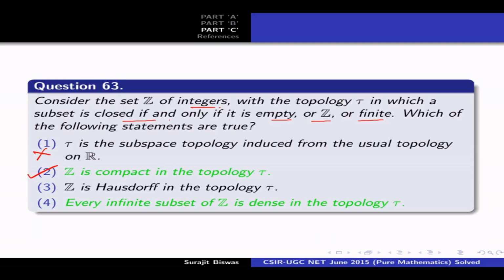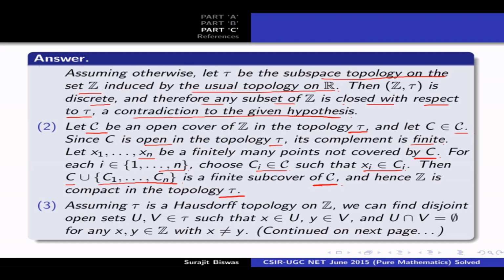Next option: Z is Hausdorff in the topology tau. This is not true, and how do we show it? Assuming tau is a Hausdorff topology on Z, we can find disjoint open sets U and V in tau such that x belongs to U and y belongs to V, and U intersection V is the empty set, for any x, y belonging to Z with x not equal to y.